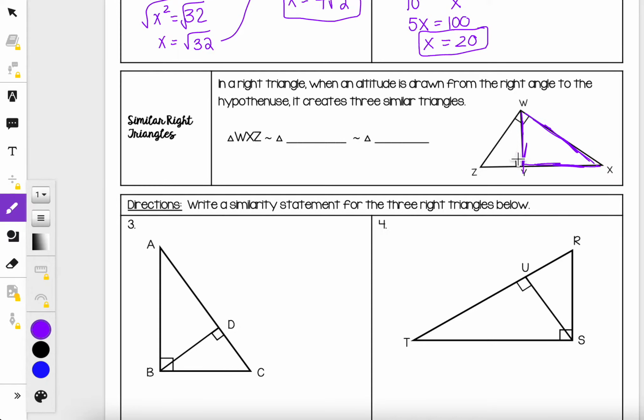I'm going to start at my right angle, go to the long leg down to the hypotenuse. So that's going to be triangle YXW. So that big triangle WXZ is similar to triangle YXW.